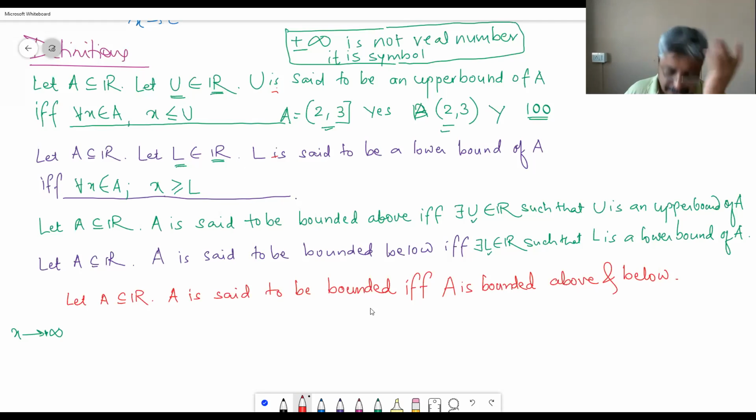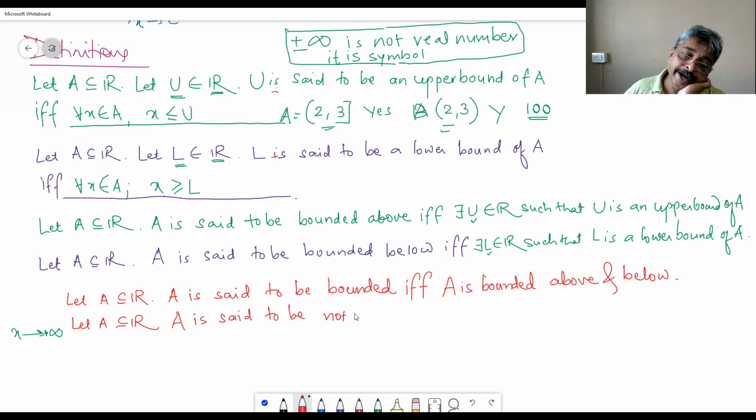And let A be a subset of R. A is said to be not bounded above if and only if... complete this.